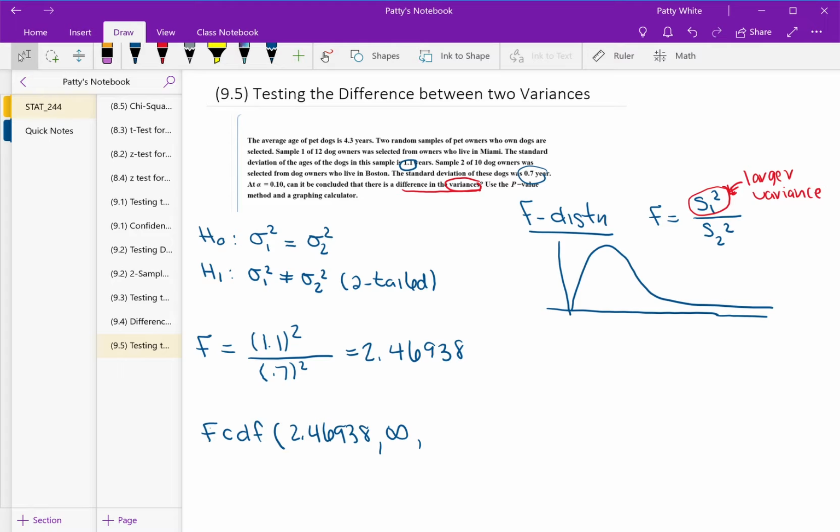Degrees of freedom is just the sample size minus 1. The sample size is 12, so that means we're going to have 11. And then we also have the degrees of freedom for the denominator. 10 is the sample size, so 9 is the degrees of freedom. When we put that into our calculator, we get 0.092663.